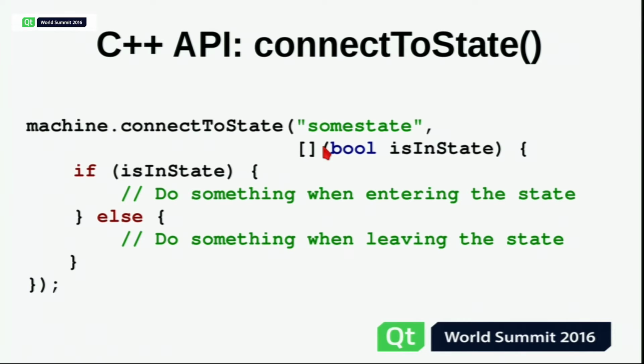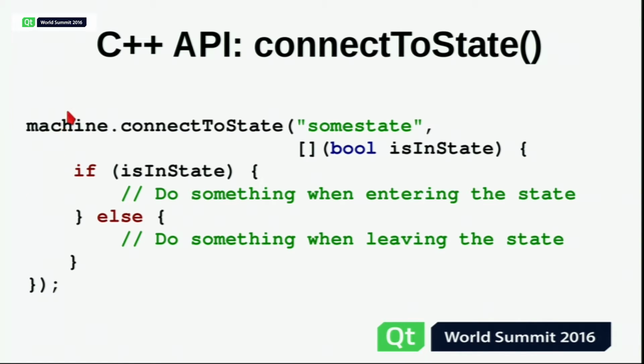So this is like QObject::connect, except that the signal you're connecting to is not a signal as in some function pointer from a QObject, or a string embedded in a SIGNAL macro or something like that, but just the name of the state you see here. And you can connect any slot with context, without context, or a lambda, or anything you can connect to a QObject signal with this method.